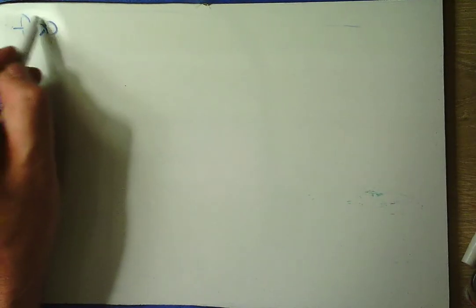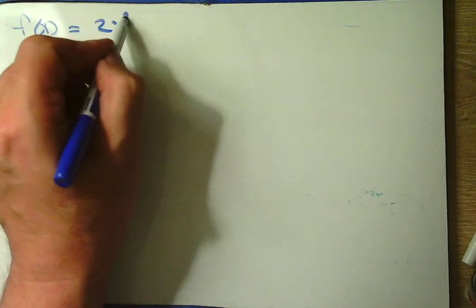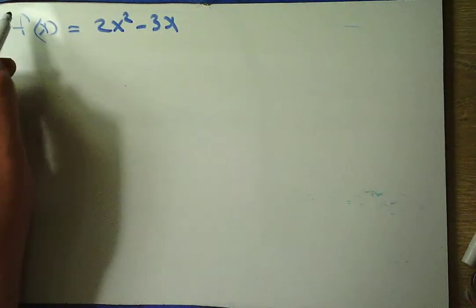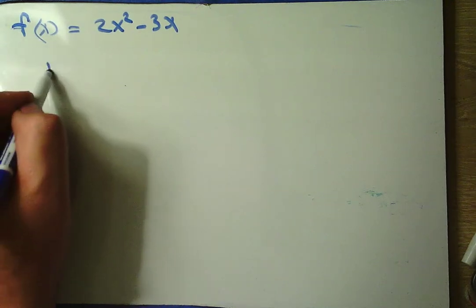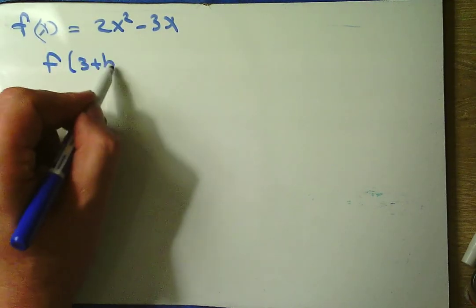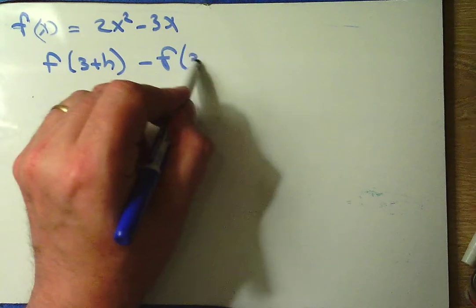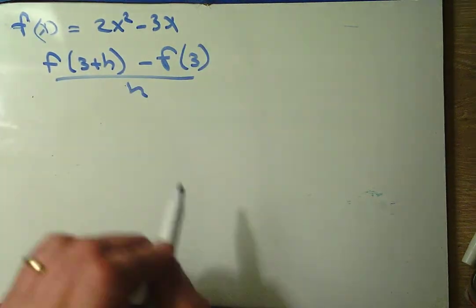Number 5, the center square, the difference quotient. We see that f of x equals 2x squared minus 3x. And we're given this difference quotient, f of 3 plus h minus f of 3 all over h.